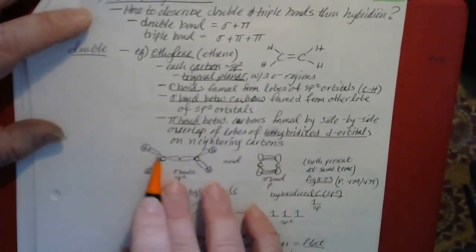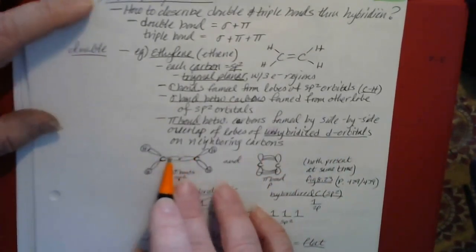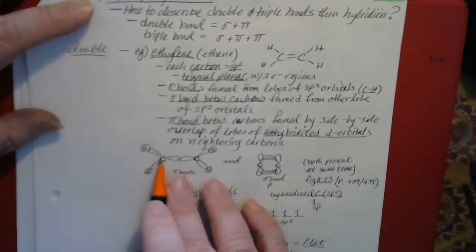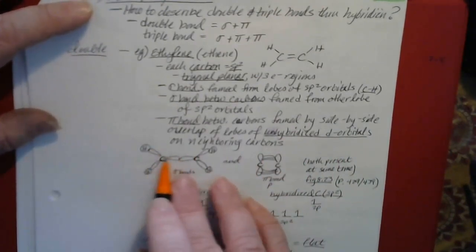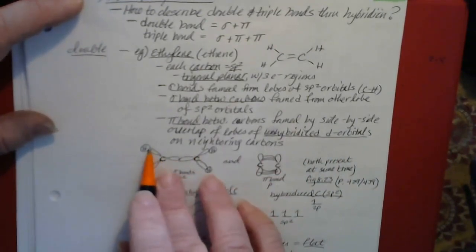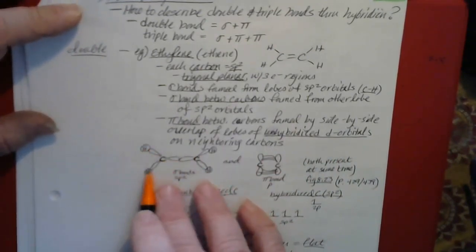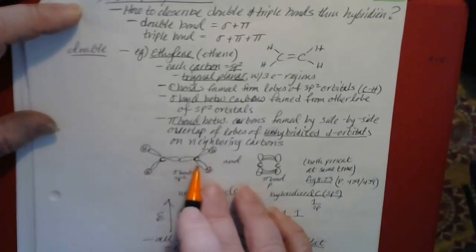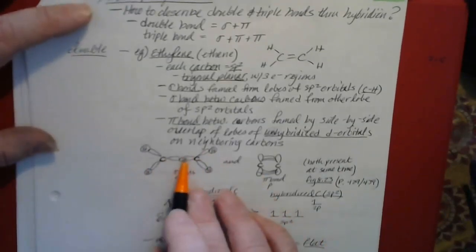Okay, so we've got the trigonal planar arrangement around each carbon. So you can see there, here are the lobes of the sp2 trigonal planar hybrid orbitals. And one of them goes to a hydrogen, another one goes to a hydrogen, and the third one goes to the other carbon. And it's the same for the other carbon. So there's your sigma bond right there.